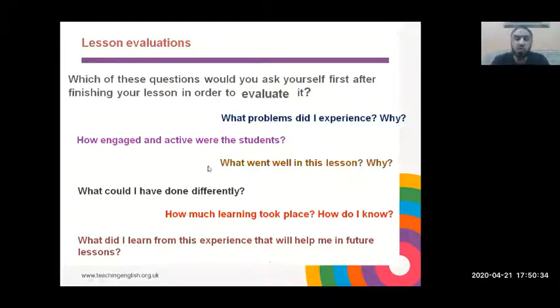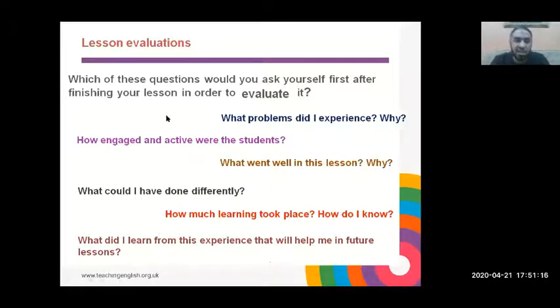So if I taught the students some skills like reading and writing, and I gave them some activities that the students didn't like, I am going to ask myself, how engaged and active were the students? And what could I have done differently? What activities do I have to do differently next time? All the questions may work, but you have to make sure that you ask yourself the right question.